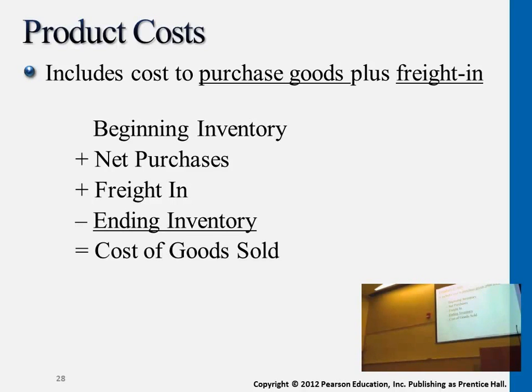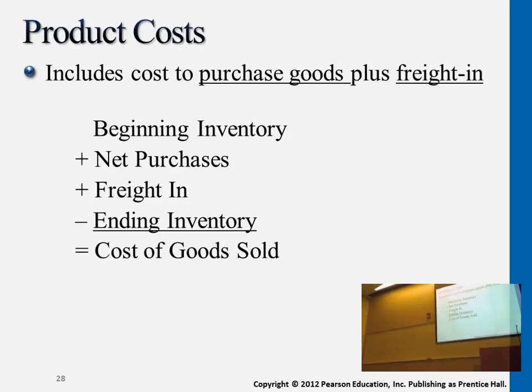So we add up beginning inventory, which is the same amount as last year's balance sheet ending inventory. Then you add the new purchases, plus freight charges. This is the total available for sale inventory cost. Minus ending inventory, you will get the cost of the inventory you actually sold to customers in this period.